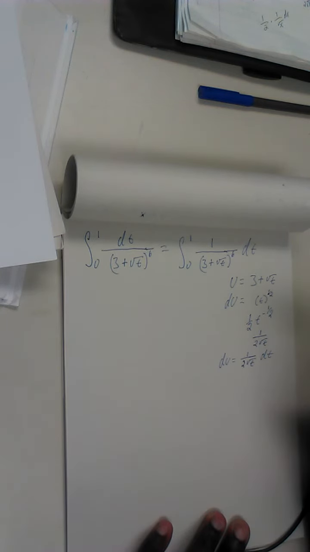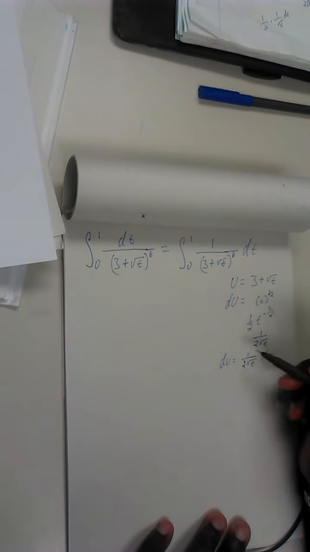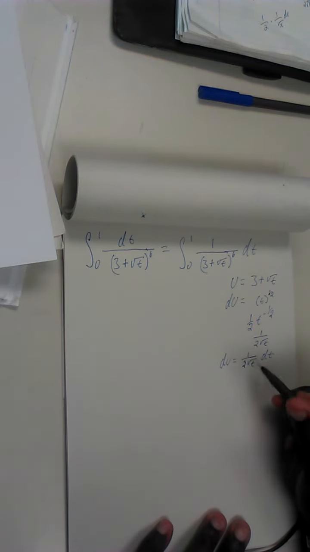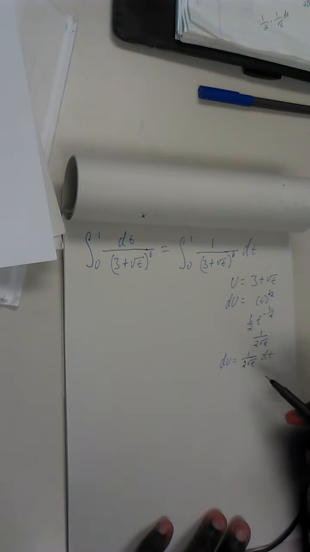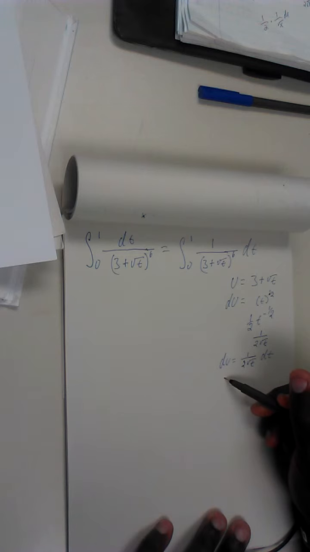right? Now what we want to do to isolate this dt, we've got to bring this whole thing over to the other side. And remember, this du is the same thing as a 1 over 1.